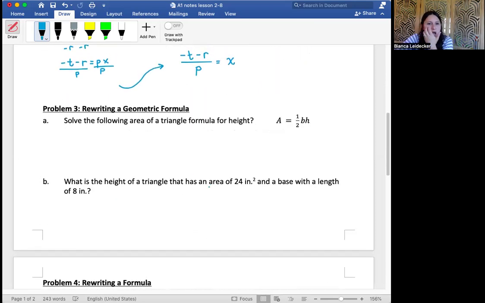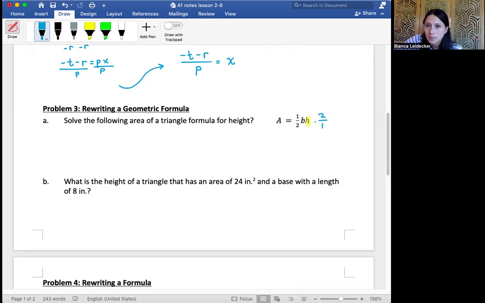Going down, solve the area of the triangle formula for height. So I am trying to get h by itself. I'm going to highlight that so we can remember that's what we want by itself. And I'm going to undo the problem. Now, everything that's going on here is being multiplied. So the opposite is to divide. Now, the opposite of multiplying by 1/2 is to multiply by the reciprocal, right?